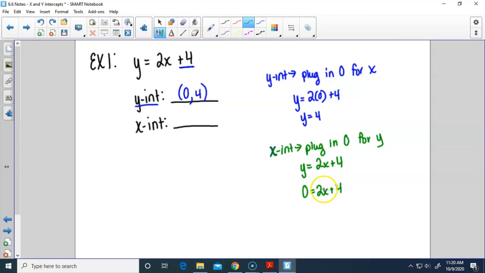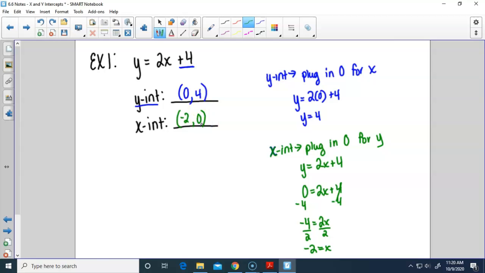Then we want to solve for x. I would subtract 4, so negative 4 equals 2x. Then I could divide both sides by 2, so I get negative 2 equals x. Negative 2 is my x-intercept here. When I write that as a point, negative 2 is the x-coordinate, and then 0 is the y.